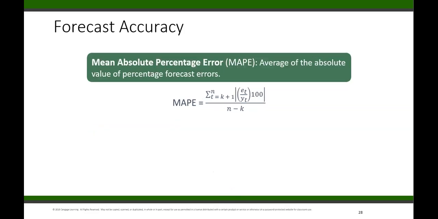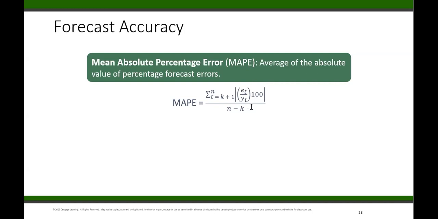Next, MAPE, mean absolute percentage error. It's very similar to MAE, except that instead of taking the average of absolute values of errors, we take the percentage of error by dividing the error by the actual value at period t.